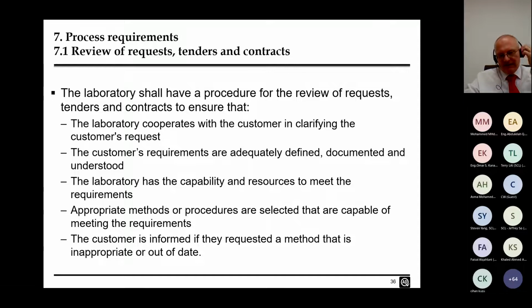And this is one of those areas we were talking about before. Your customer may ask you to do a measurement following a method that's inappropriate or out of date. One of the things that often happens is there's a manufacturing standard for some item, and the customer will ask you to do a calibration to the manufacturing standard.